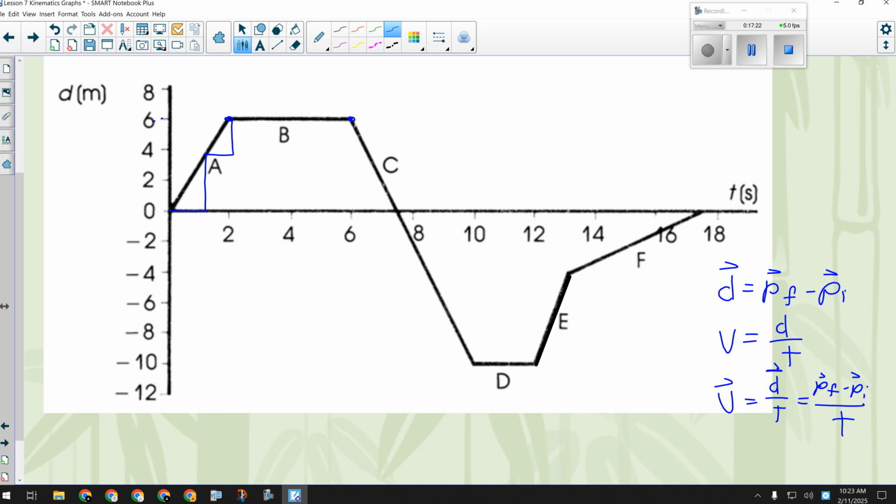Okay, let me ask you a different way. How far did we go in part A? 6 meters. How'd you figure that out?